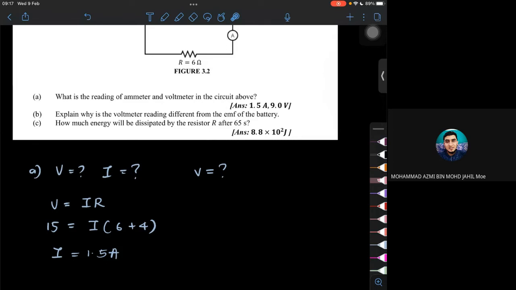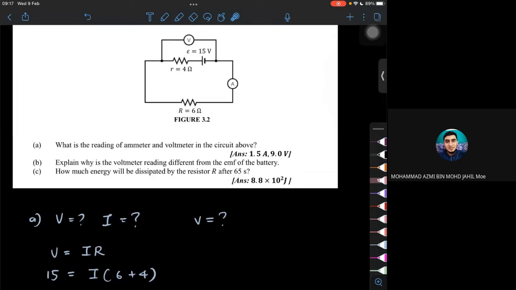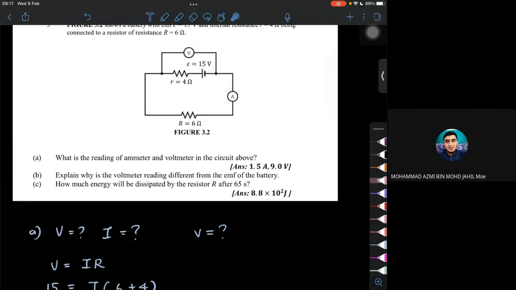Sebab voltmeter tu ada rintangan dalam daripada bateri. Okay, so because voltmeter ni kamu kena tengok jugalah spesifik kan. Voltmeter ni dia dekat mana dia diletakkan. So since voltmeter ni across these 2 point, which is kita ada battery dan kita ada another resistance.